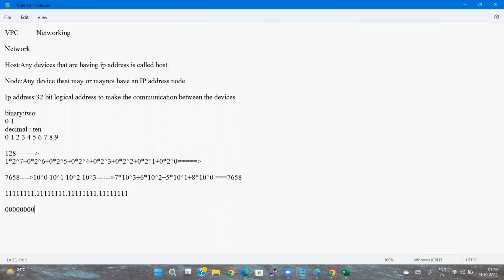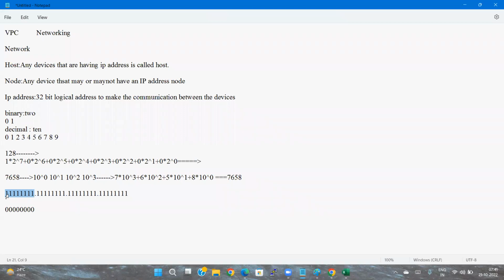And if the octet is consisting of all ones, then that is called as 255, which means that the IP address range will be varying from 0 to 255. So don't we get the 256 number? No, you are not going to get the 256 number.